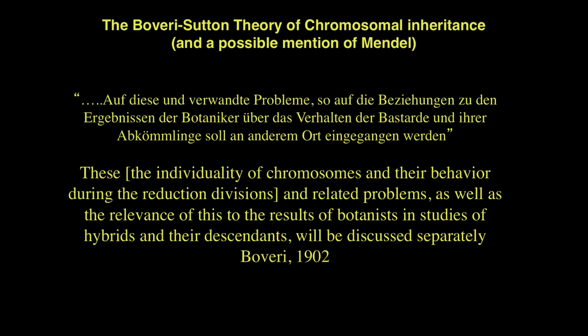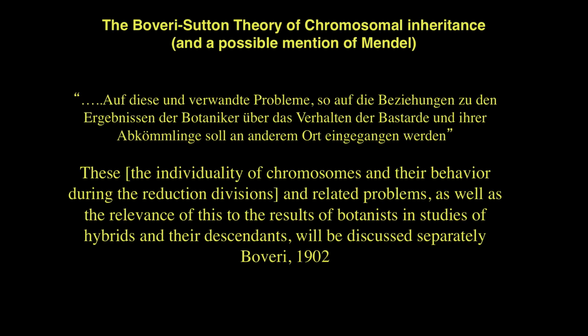The idea that chromosomes were different from each other led Boveri, in a footnote in this paper, to propose an interesting idea. 1902 was right at the time when Mendel's papers had been rediscovered. And although one had Mendelian factors as heredity, no one really knew where they were or what they did.